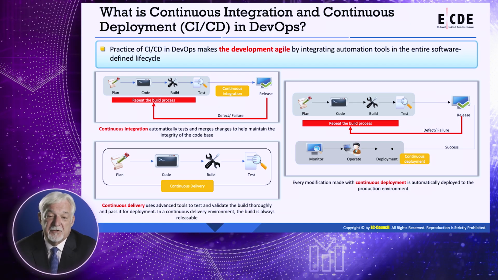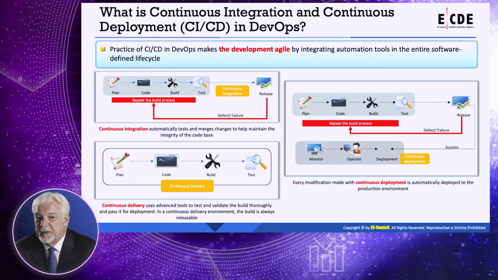We have delivery using advanced tools to test and validate the build thoroughly and pass it for the deployment. In a continuous delivery environment, the build is always releasable. In other words, it's maintained at a state where we can go with it. Every modification made with continuous deployment is automatically deployed to the product environment.